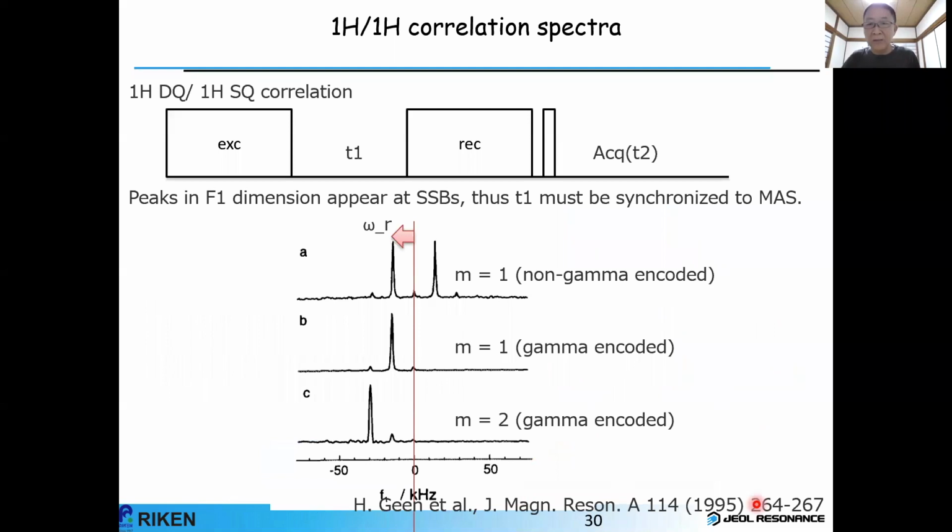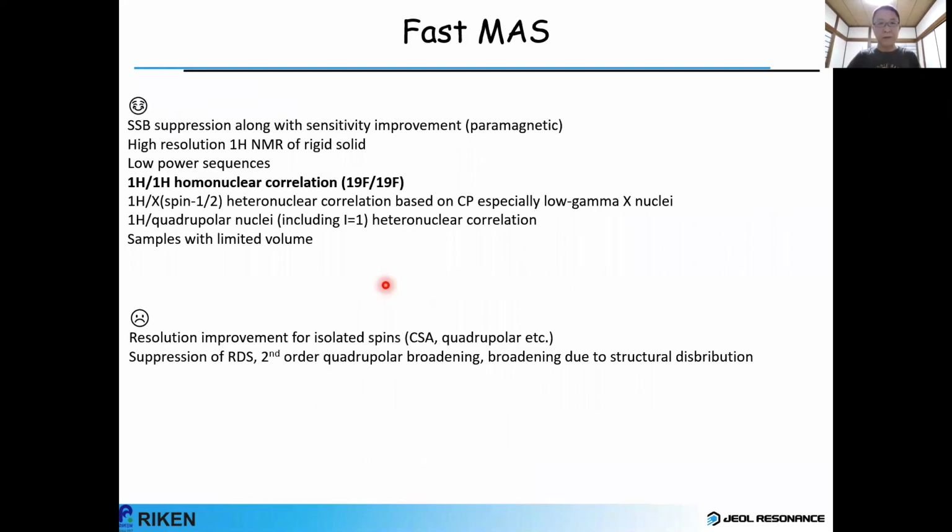Of course, in the case of gamma encoded sequences, this is just a shift. This is not a big issue. But in the case of non-gamma encoded sequences, these two signals appear in the same area. So we have to avoid non-synchronous observation. So this is the proton double quantum single quantum correlation spectrum.